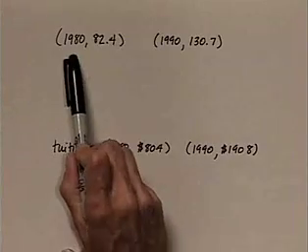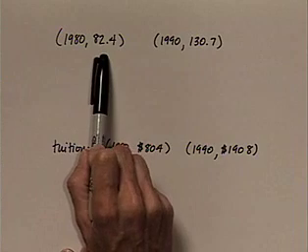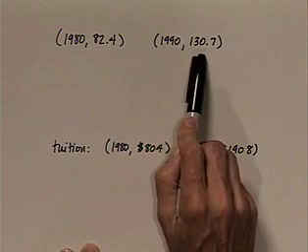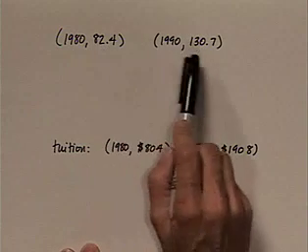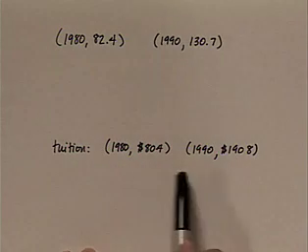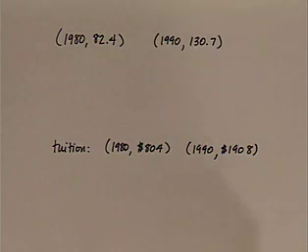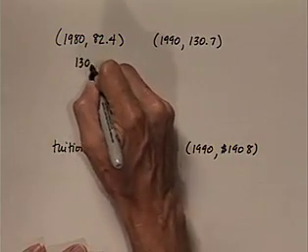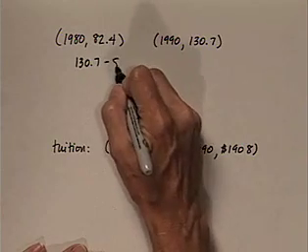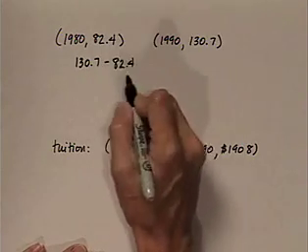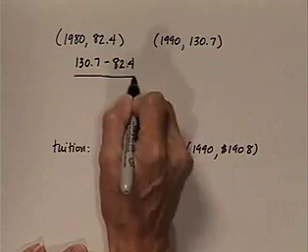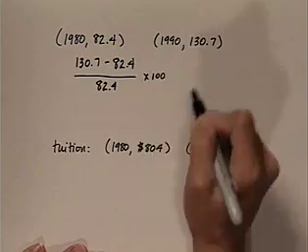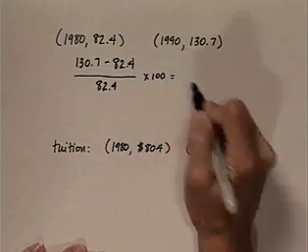The CPI value in 1980 from that table we started with was 82.4. From 1990 is 130.7. Let's find this percent change first, and then we'll compare it to the percent change in tuition. So using the formula, we have 130.7 minus 82.4 divided by 82.4, and then we multiply by 100 to make that a percent.